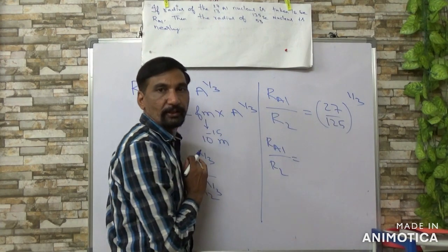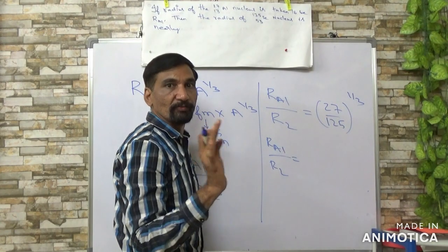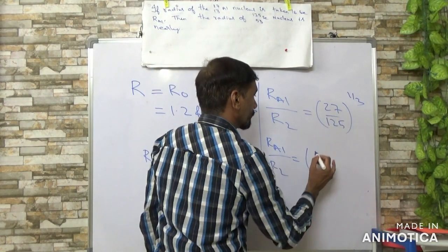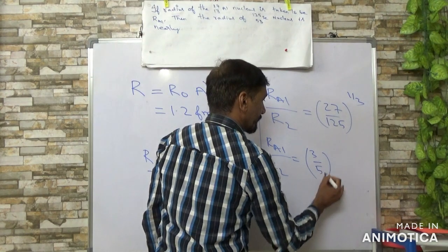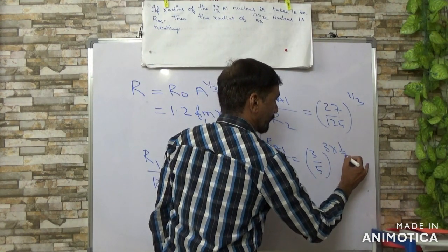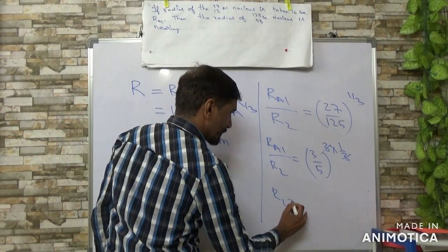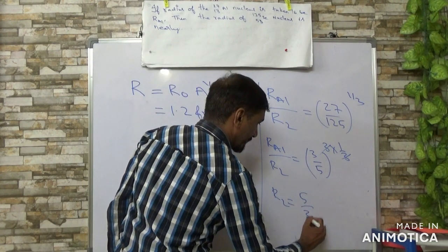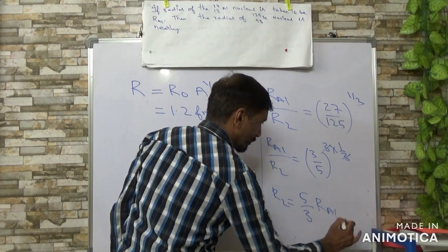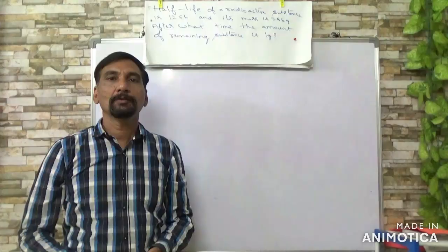So 27 you can write 3 cube, 125 you can write 5 cube, right? So 3 by 5 whole power 3 into 1 by 3. Cancel now. So R2 is equal to 5 by 3 times of radius of aluminium.